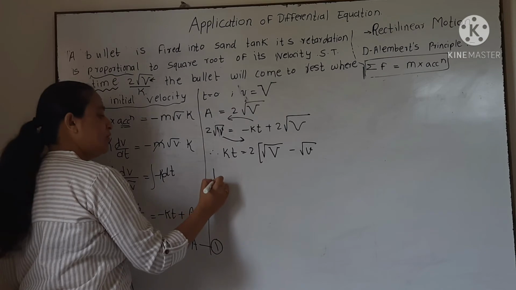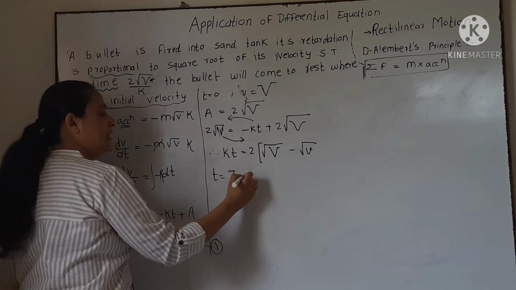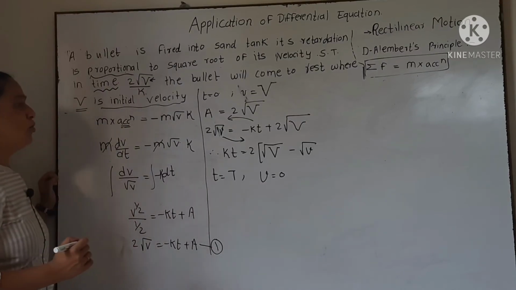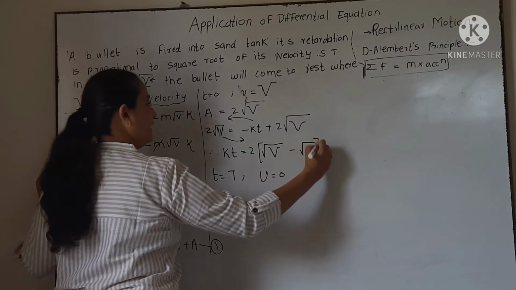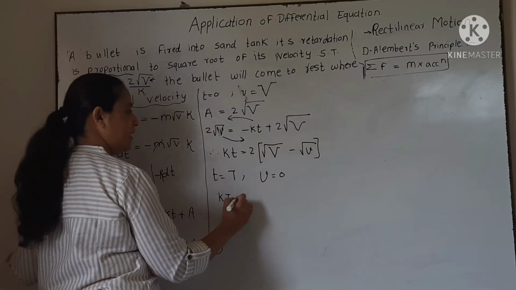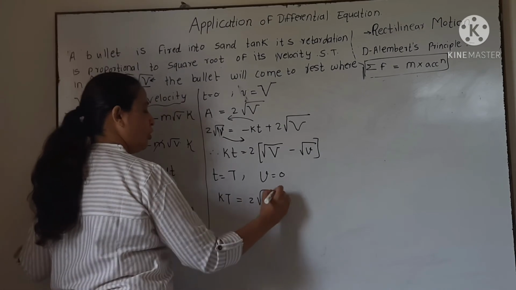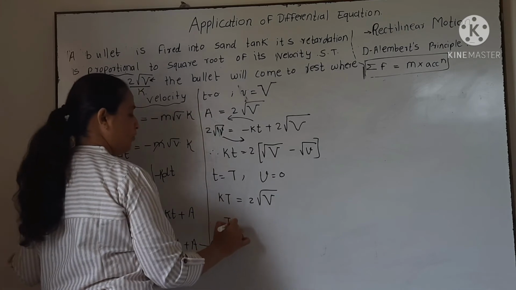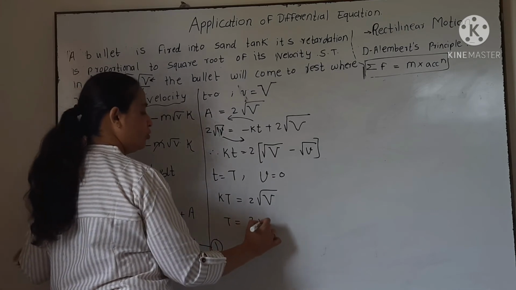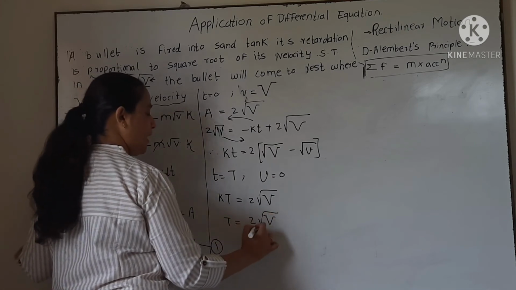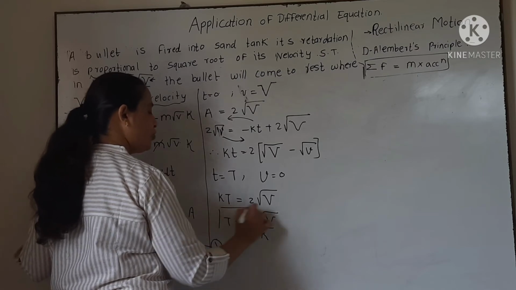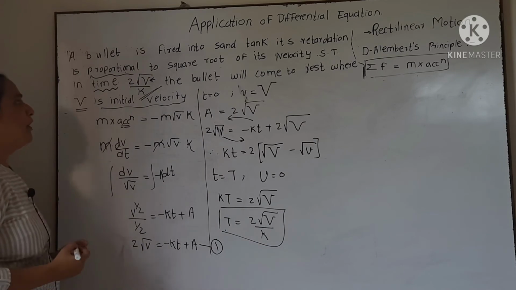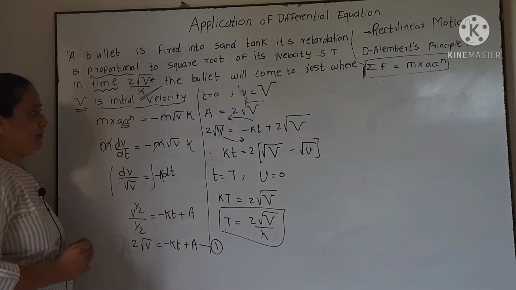Come to rest means t is equal to capital T, when the velocity will be 0. Therefore, we get kT equal to 2 into root of capital V, because small v is 0. Therefore, capital T is equal to 2 root V upon k, and we wanted to show the same thing, that it comes to rest at the time 2 root V upon k.